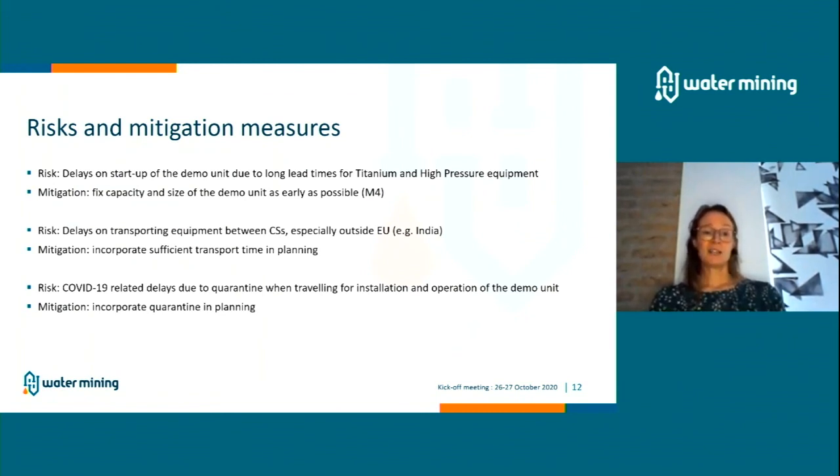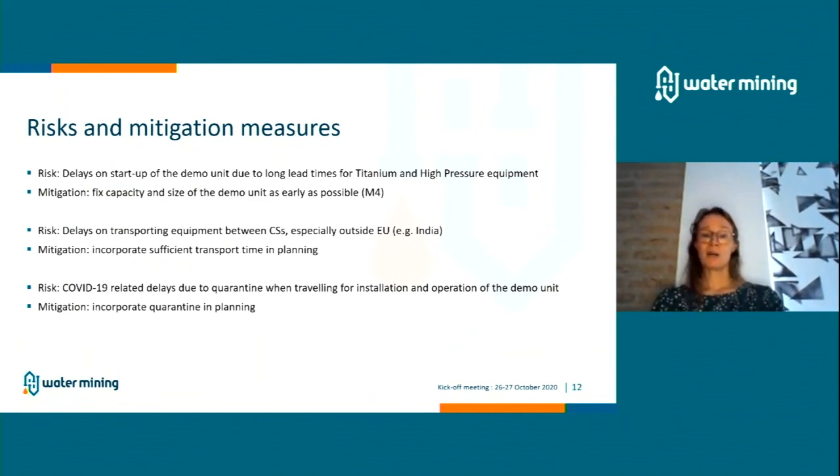As a mitigation, we have said that we want to fix the capacity and the size of the high pressure oxidization demo unit as early as we can. So after the tests in week 48 are finished, by the end of this year, we would like to fix the capacity for this unit.